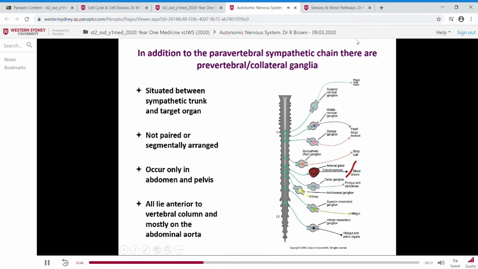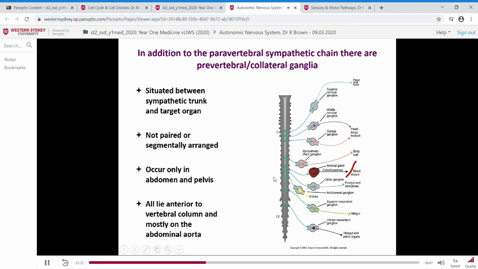So, in addition to the paravertebral sympathetic chain or trunk, there's the prevertebral or the collateral ganglia. They're situated past the sympathetic trunk, between the trunk and the target organ. They're not paired or segmentally arranged, and they only occur in the abdomen and the pelvis.